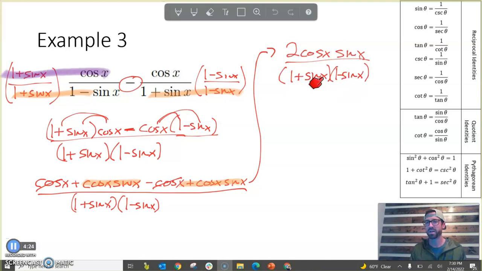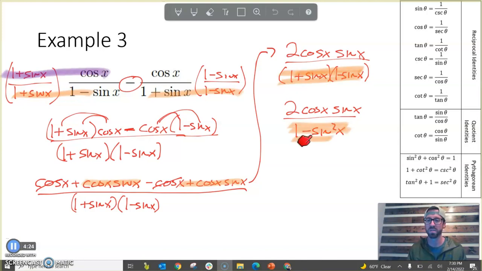But what if we simplified our denominator now? I kind of skipped out on doing it earlier. If I distributed 1 times 1 minus sine x, kind of FOILed this out, what you'd end up with is this. You'd have 2 cosine x sine x over 1 minus sine squared x, okay? This, if you distribute it out, I kind of skipped the steps for doing that part, would become this right here that I have highlighted.